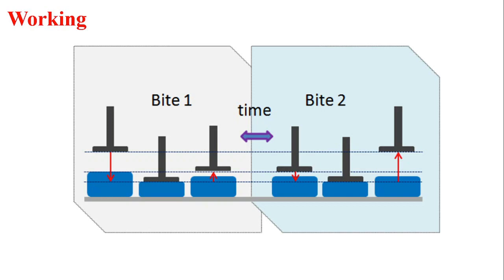In bite 1, first the product is compressed, and then after some time, the force is released and the probe leaves the product, and then the product is compressed once again.